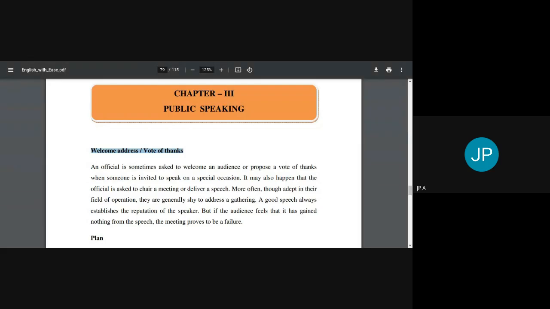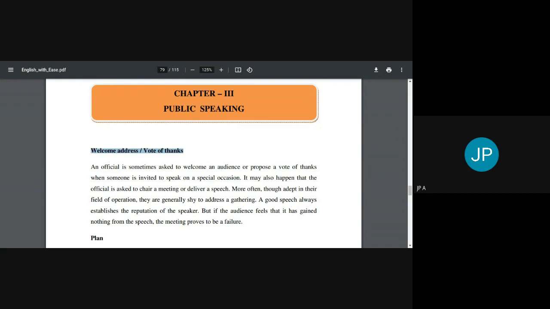If you remember the first year sessions, there are certain structures which are called welcoming structures, and there are certain structures which are called thanking structures. The welcoming structures are used in the welcome speech and the thanking structures are used in the vote of thanks.